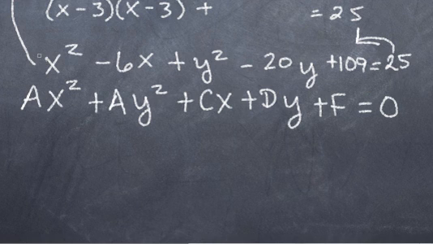As you can see, a is going to be 1, the coefficient in front of x squared and y squared. The negative 6 will be our c. D is negative 20, and then f, of course, is going to end up being 109 minus 25. Right off the top of my head, 109 minus 25 is 84, so f would be 84. I think that's right. Maybe I better check that out.